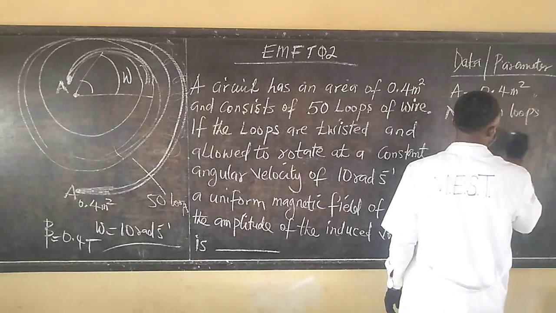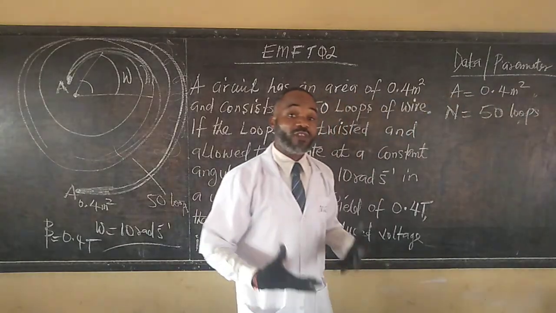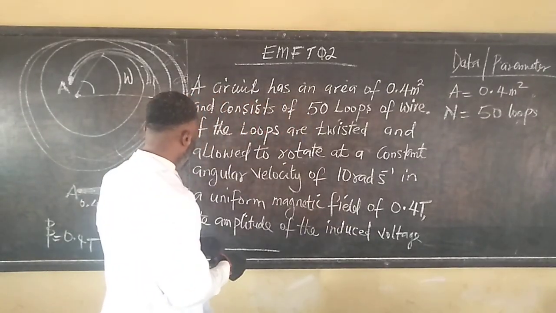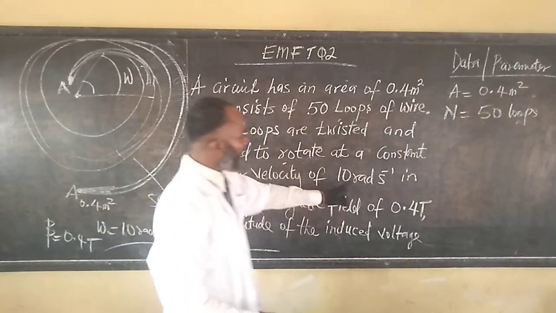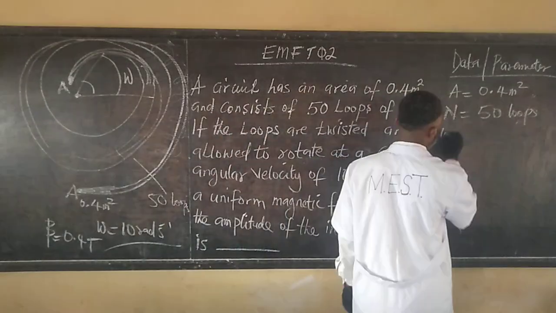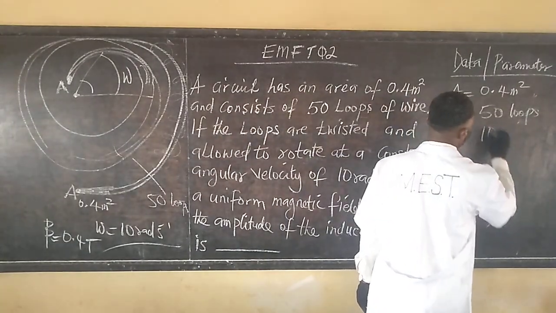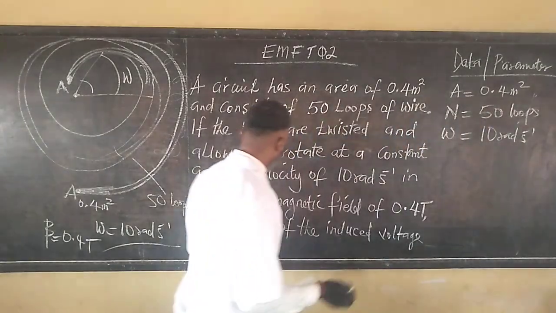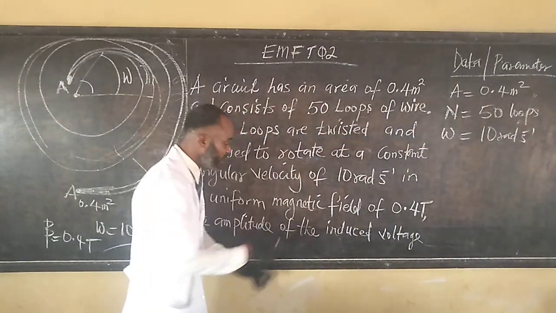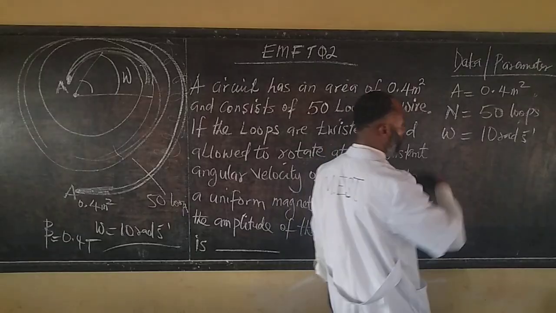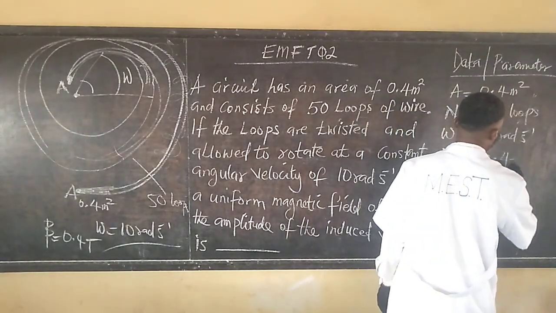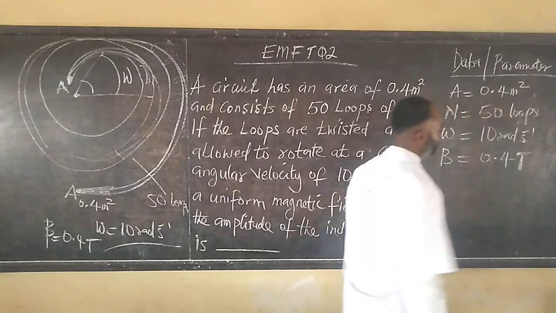Either we call it 50 loops or 50 turns, all the same. Then we have angular velocity, W or omega, given as 10 rad per second. And then the magnetic field around such a coil is B equal to 0.4 Tesla. Good.